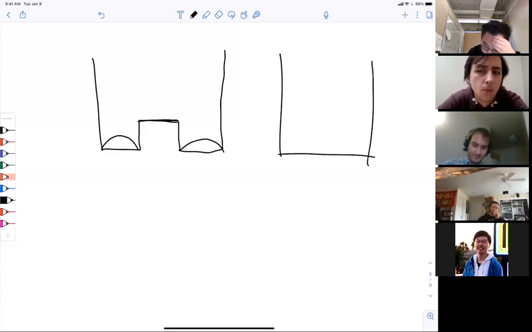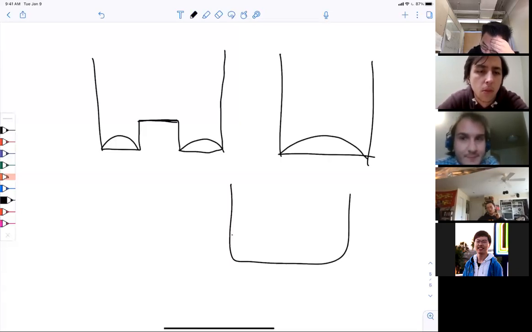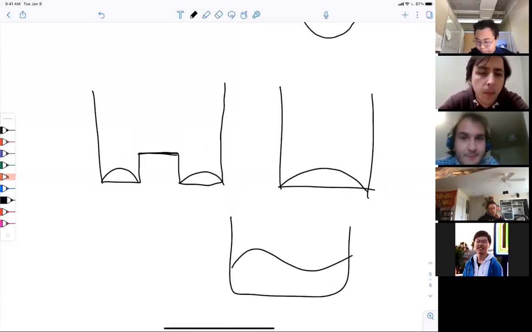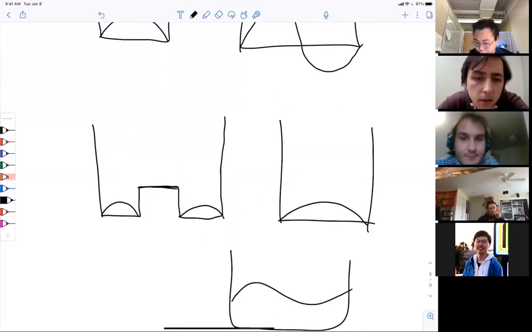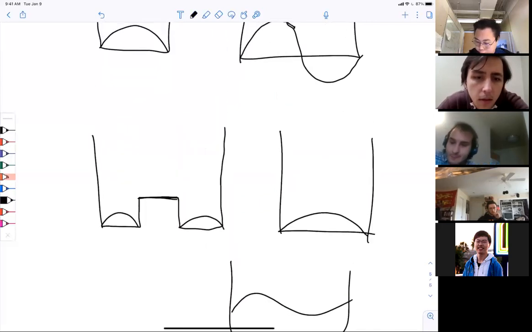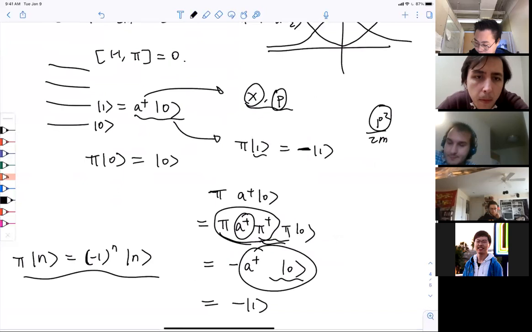In this case, the symmetric state is the ground state, and the anti-symmetric state is the first excited state, because your wave function always wants to be smooth enough to minimize the kinetic energy.